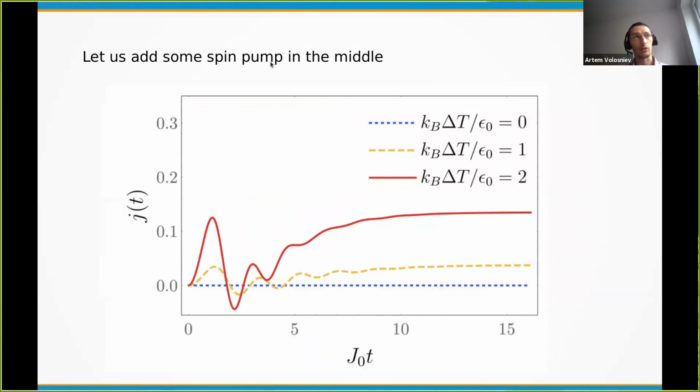So far I told you just about some time dynamics, but in principle, what we want is to have a steady state, and then study it, and we could introduce all the standard coefficients for the heat transfer, not heat, spin transfer and so forth. So that's what one would do. Then one would have a spin pump in the middle, and some reservoirs at the sides, get some sort of steady state, basically like what is done in the normal Seebeck effect. And then one would analyze the steady state.